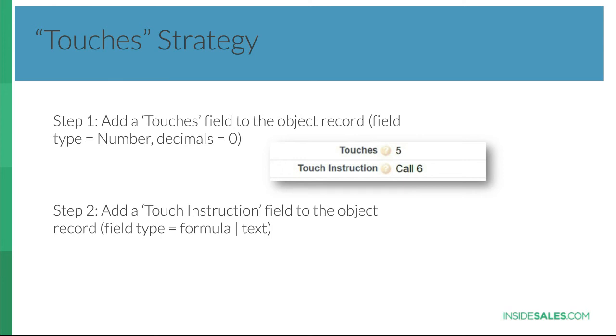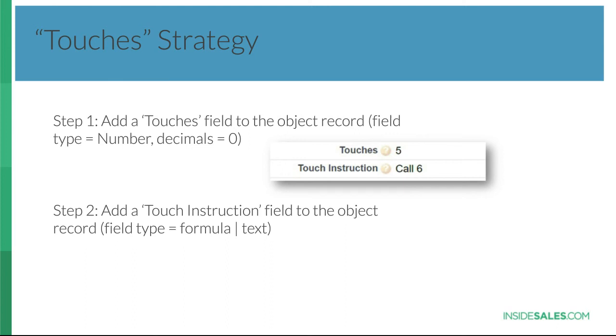So the dial will go up. It will trigger the Process Builder. And then we will simply, from that same record, change the touches formula by 1. So touches plus 1. Pretty straightforward. Not a whole lot of room for error, which is one reason why I really like this strategy.